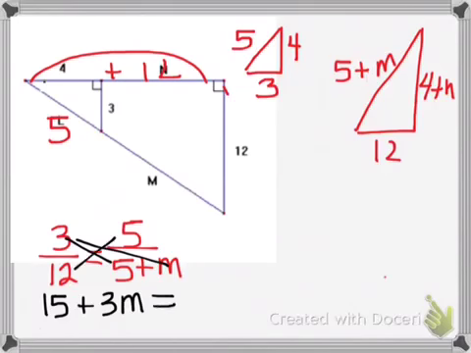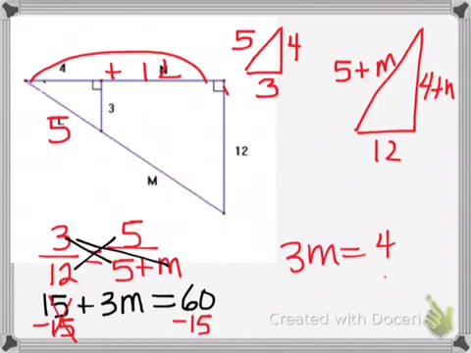Cross multiply the other direction. That gives me 60. So if I eliminate the 15, I'm going to subtract it on both sides. It eliminates on the left. That gives me 3m equals 45. Divide by 3, so m equals 15. So I found all the values.